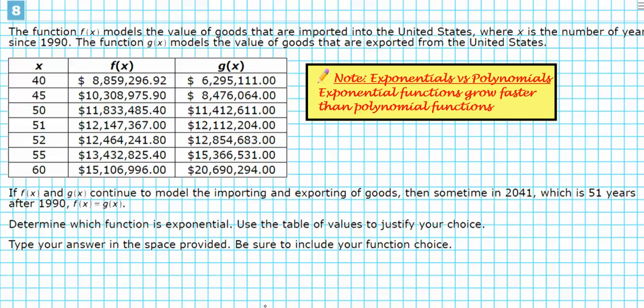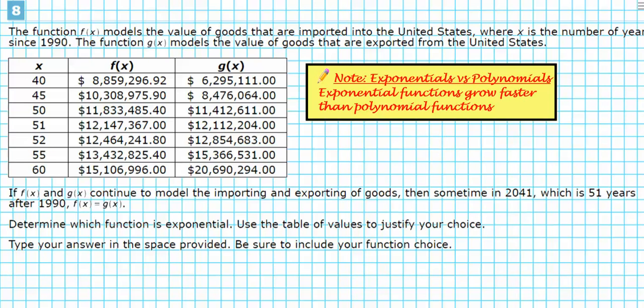The exponential function will eventually catch up and exceed the polynomial function. So if you look at the larger input values and see which function takes off, that is the exponential function. Okay? All right, so let's take a look at this scenario right here.